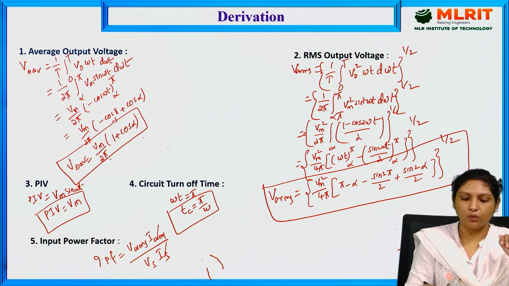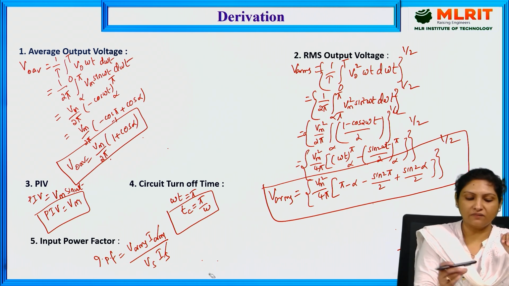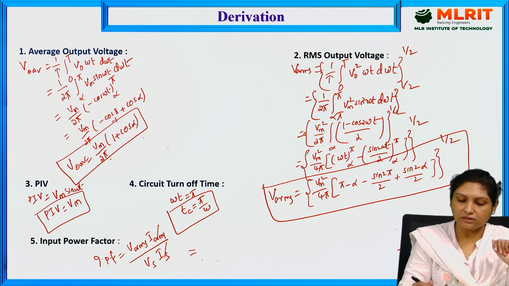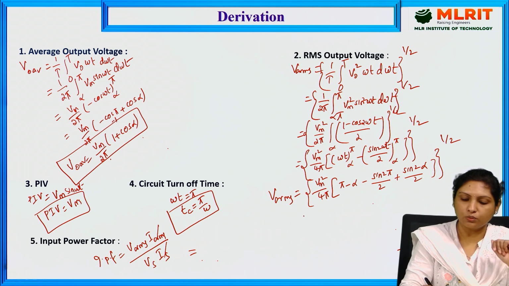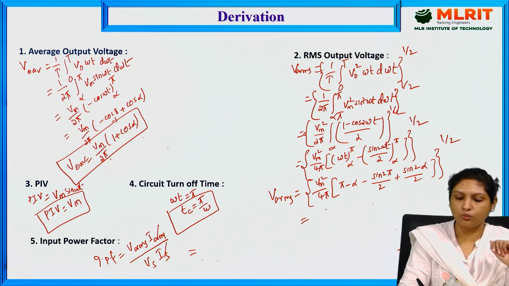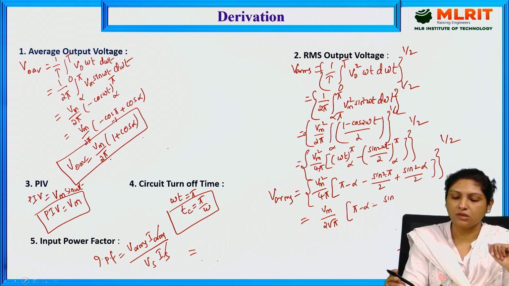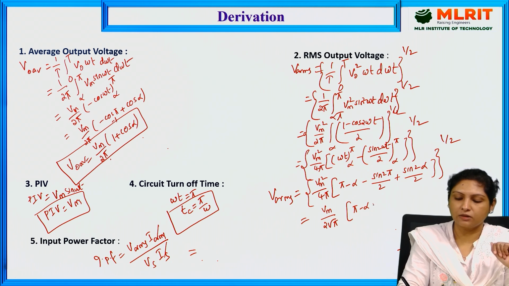So here, if you do V0 RMS by Vs, we get the input power factor. Let me rewrite this equation, V0 RMS is equal to, applying whole to the power of 1 by 2, Vm by 2 root pi, and this remains the same, pi minus alpha minus sine 2 pi by 2. Sine 2 pi value is 0, 0 by 2 is 0, and this becomes plus sine 2 alpha by 2, whole to the power of 1 by 2.